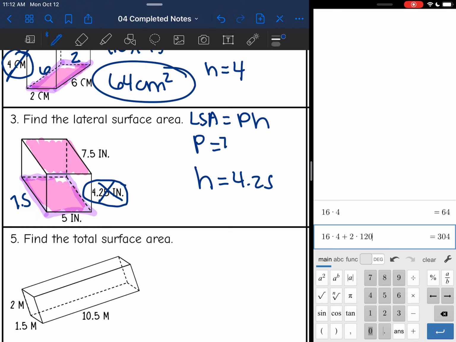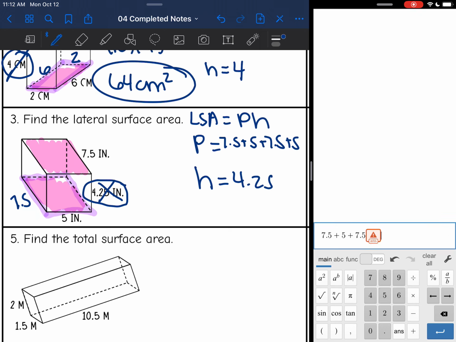So it'll be 7.5 plus 5 plus 7.5 plus 5. The perimeter is 25.